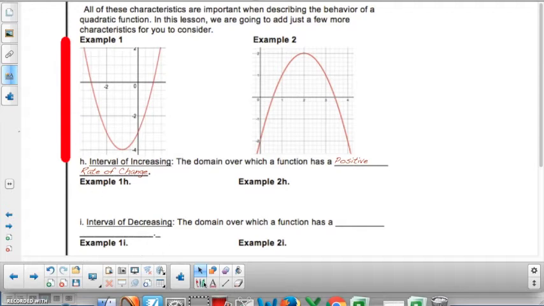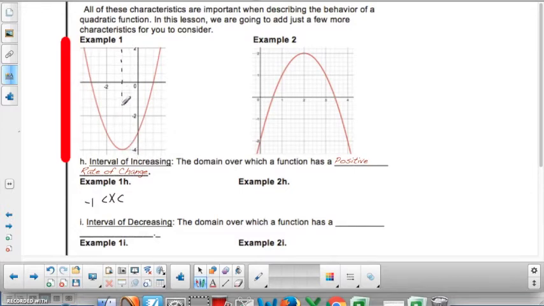So when we report our interval of increasing, we are going to give a domain over which it's increasing. We want the lowest x value where it's increasing and the highest x value. Well, the lowest x value for which it's increasing is right here at x is -1. Make sure you're not looking at your y value.